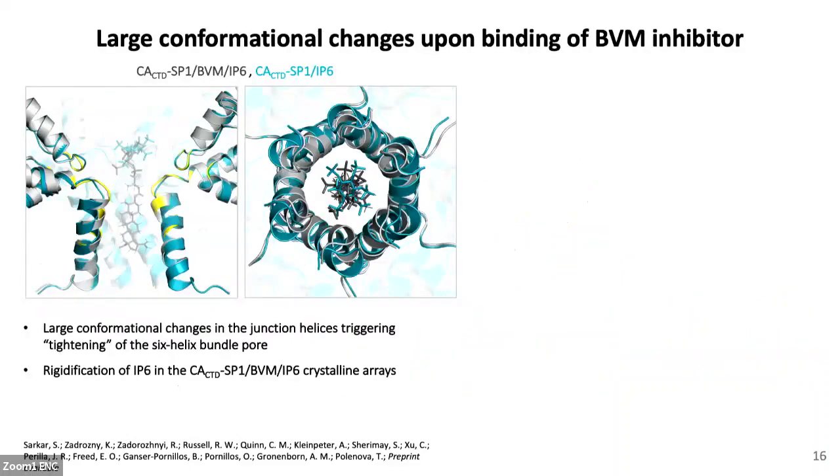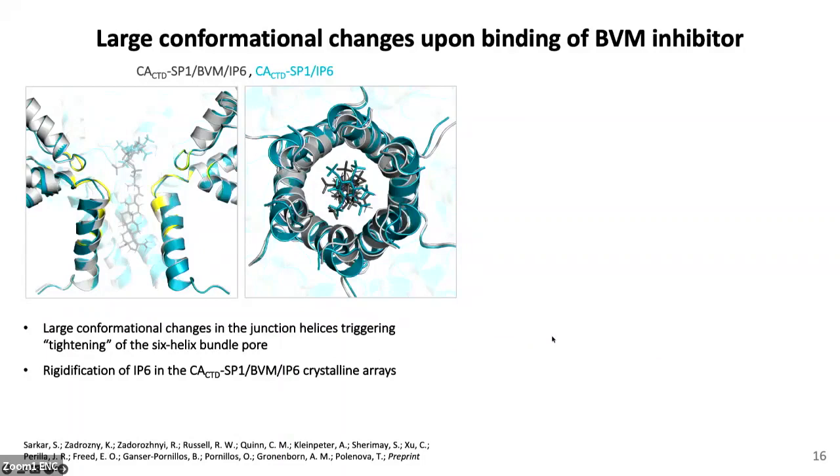Now here, I want to capture your attention because we have observed something very important and exciting in the presence and absence of the inhibitor BVM. In the presence of the inhibitor, we see a large conformational change in the junction helix, which triggers the tightening of the six-helix bundle at the pore, and also it rigidifies the IP6.